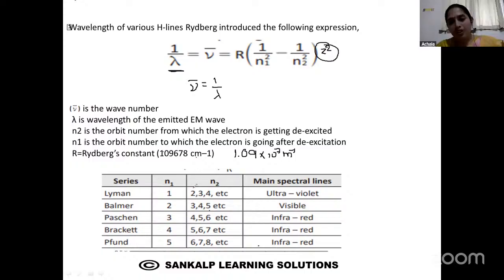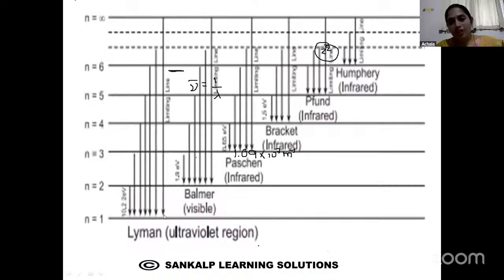When the electron is jumping from any higher energy level to the first orbit, then we call it the Lyman series. Therefore, for the Balmer series, n1 will be equal to 2. For Paschen, n1 will be equal to 3. For Brackett, n1 will be equal to 4, whereas for Pfund, n1 will be equal to 5.